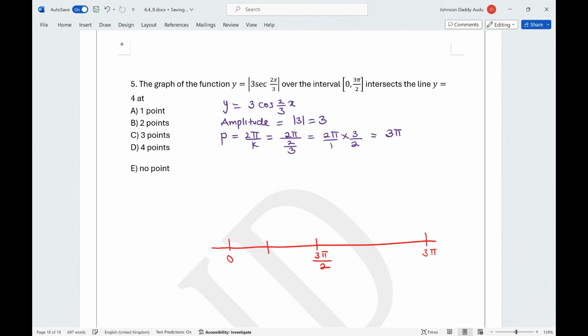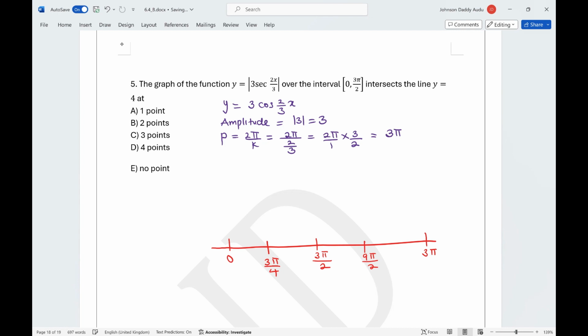This is going to be 3 pi over 4. And this is 9 pi over 2, right? Yeah, because you will have 6 pi plus 3 pi. Now, this is what we're supposed to have here.